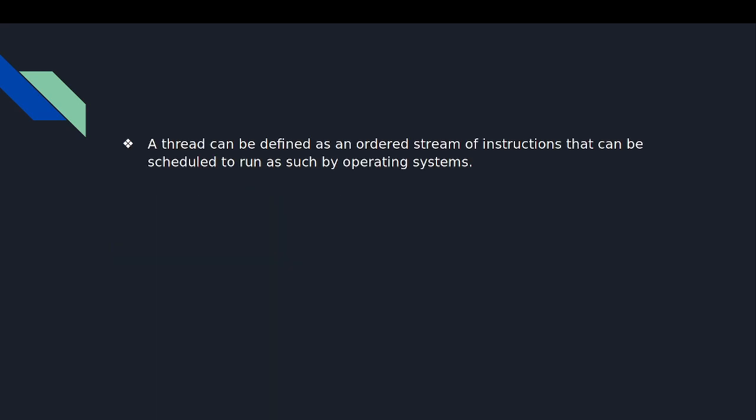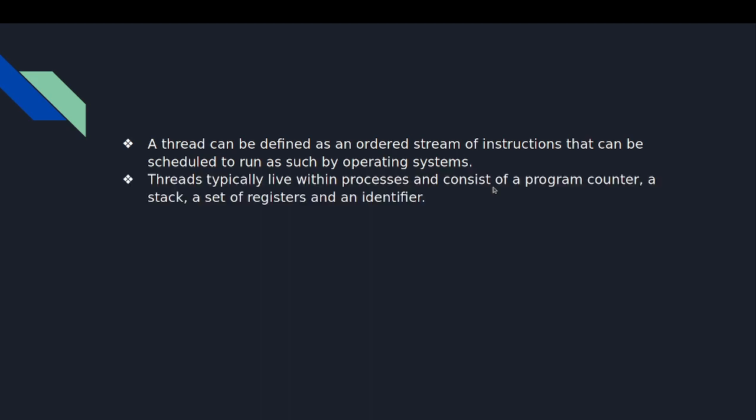But first, we want to look at a thread, and this is an ordered stream of instructions that can be scheduled to run as such by the operating system. And please mark the word ordered, because it carries a lot of importance for the efficiency and the accuracy of the programs, to give us the expected determinism.